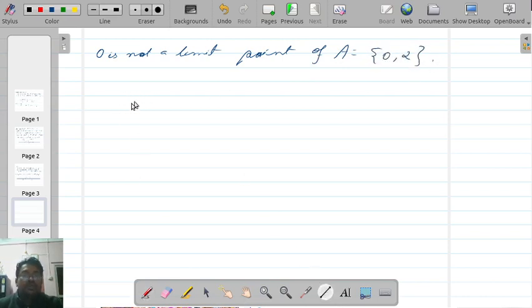So let us check whether 0 is a limit point or not. Limit point of the set A equal to {0, 2}. It's not a limit point of this set. Why? You take this point, say 0, and this is the point 2.